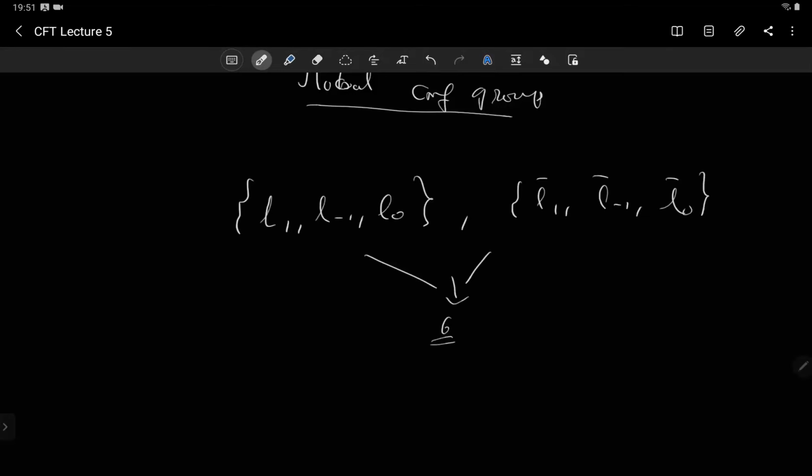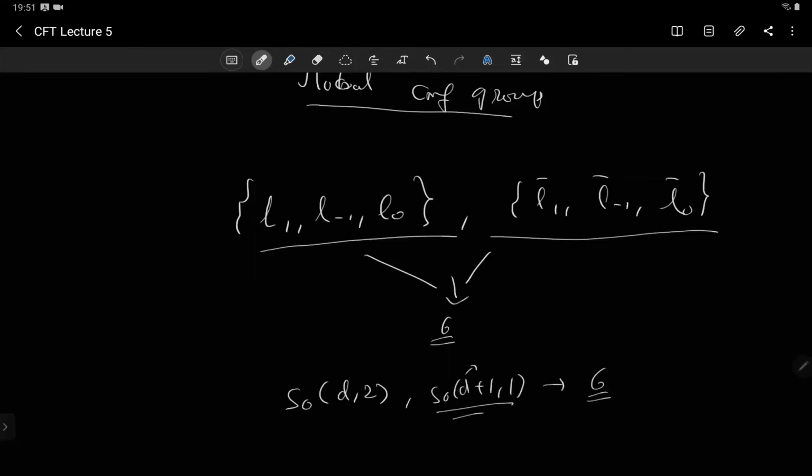Interestingly, if you had just used that formula SO(d,2) or SO(d+1,1) that we derived for d greater than 2, if it's Euclidean, it is SO(d+1,1). If you just put d equal to 2, this is SO(3,1), which has 6 generators. In fact, this is exactly the same as this set.